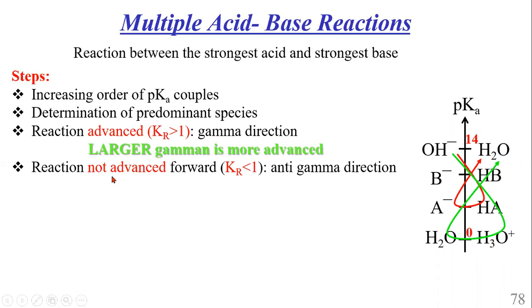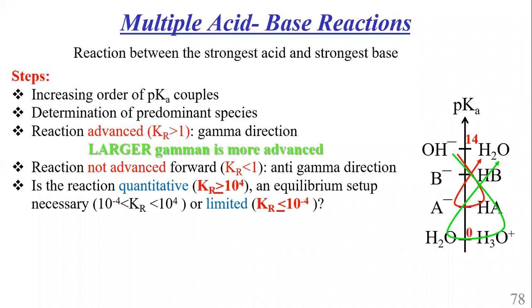A reaction does not prefer to go in the anti-gamma direction, so we would not choose those as a preceding reaction. Now, once you have chosen the reaction, you do the reaction table: minus X on the reactant side, plus X on the product side.